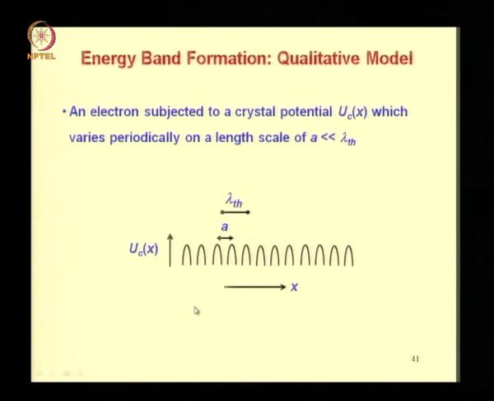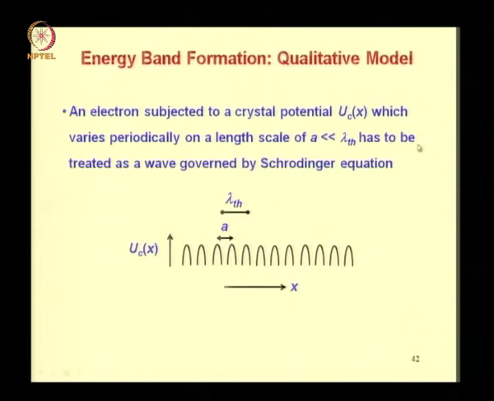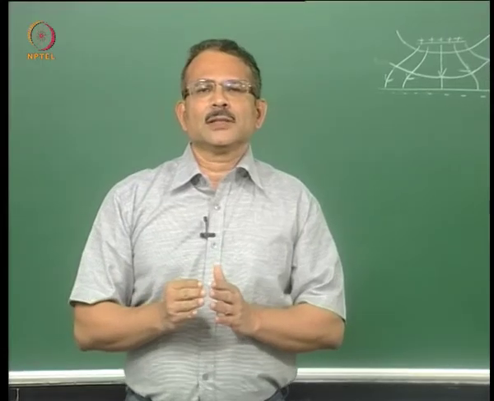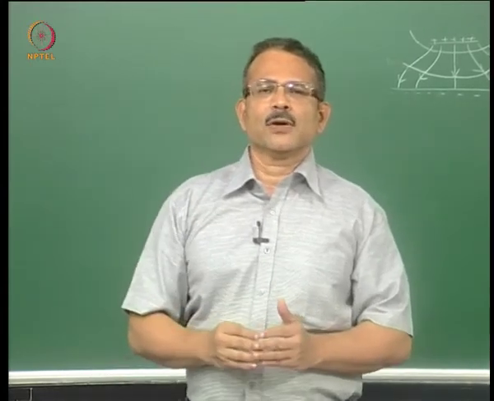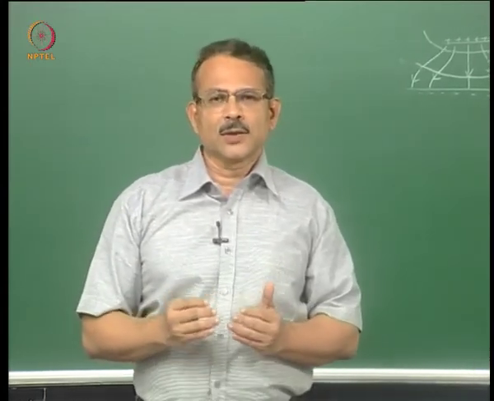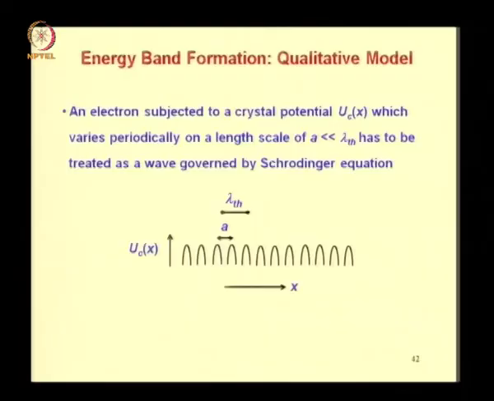Now in this case also, the electron has to be treated as a wave governed by Schrödinger equation. So if you want to understand the behavior of electrons in a crystal, you have to start from Schrödinger's equation and not Newton's laws. Now I would like you to recapitulate from the earlier modules what the crystal potential represents.